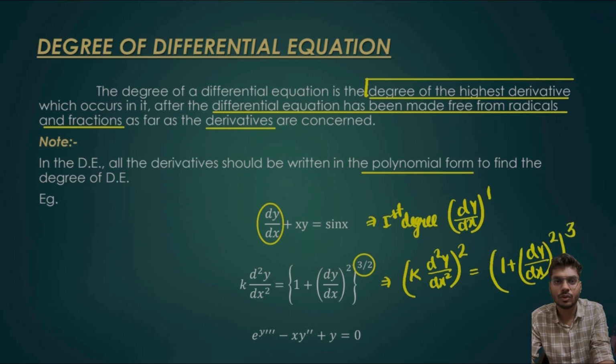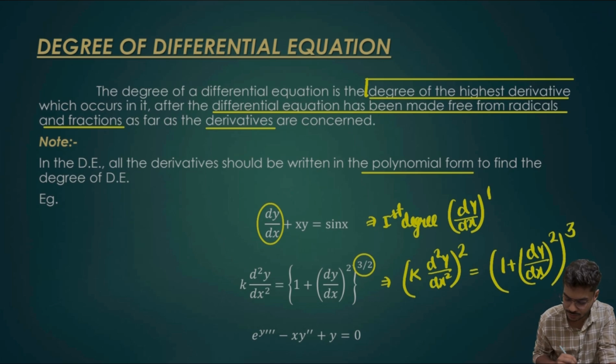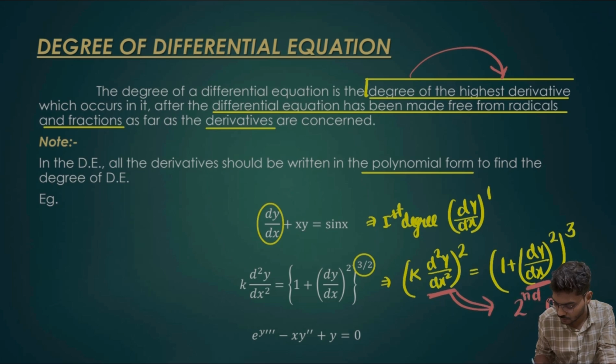Now if I open the whole cube, I will always get integer powers, natural numbers basically. So I can say in this equation we have second order also, third order also. But what I discussed is the degree of the highest derivative. I can say the degree of the highest derivative is 2. Order is 2, degree is also 2.